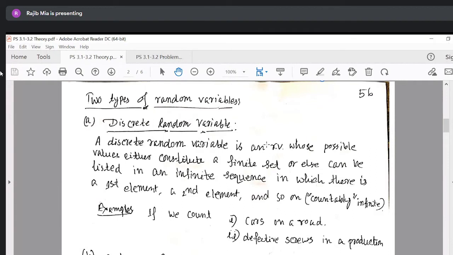So what is a discrete random variable? You can get an idea that discrete means the random variable X takes discrete values. If the possible values of the random variable X form a finite set or a countably infinite set, then we say that this random variable is a discrete random variable.